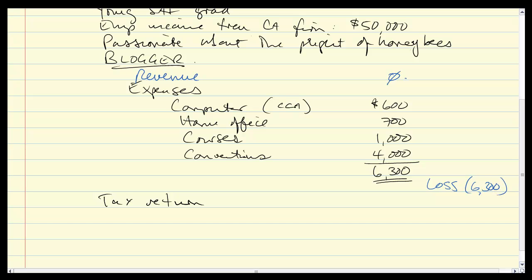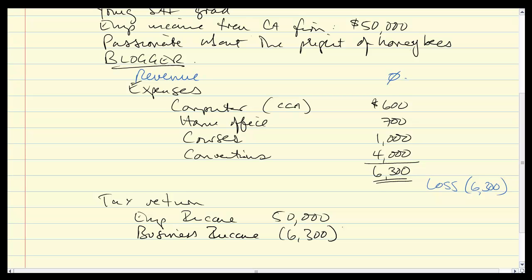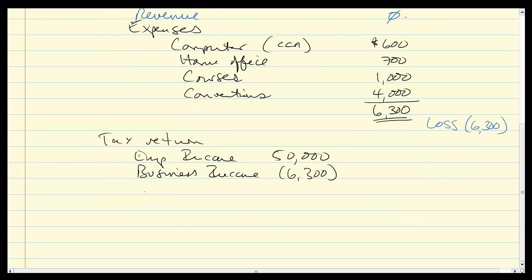So on his tax return, he's going to have employment income of $50,000, and he's going to have business income. In this case, it will be a loss, of $6,300. So his taxable income, if this is his entire fact situation, is going to be $43,700.